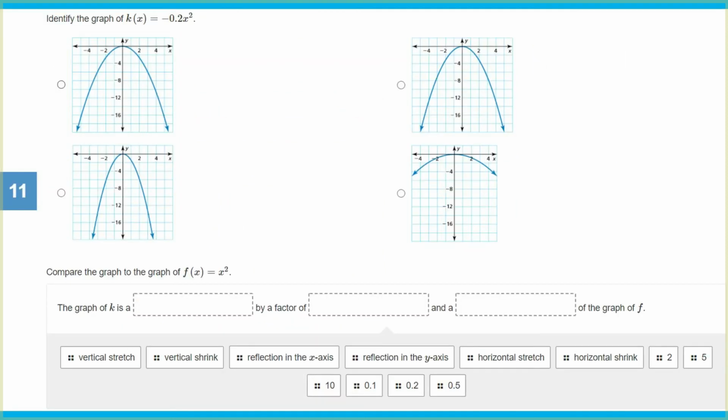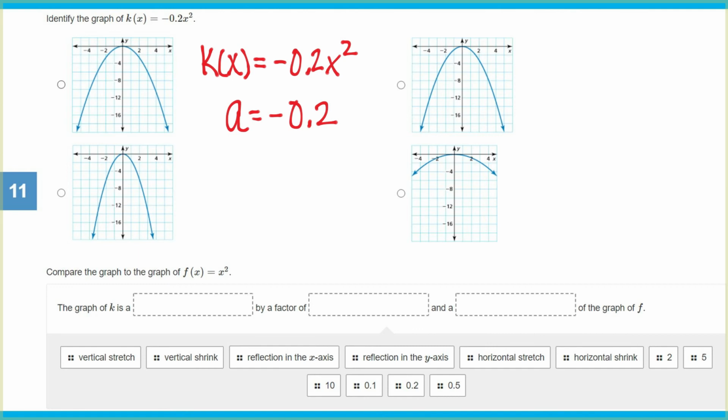On problem number 11, they want us to identify the graph of k of x equals -0.2 x squared. When we look at that equation, we know that our a value is -0.2. If your a value is a proper fraction, and 0.2 is a proper fraction written in decimal form, then we are going to have a vertical shrink.